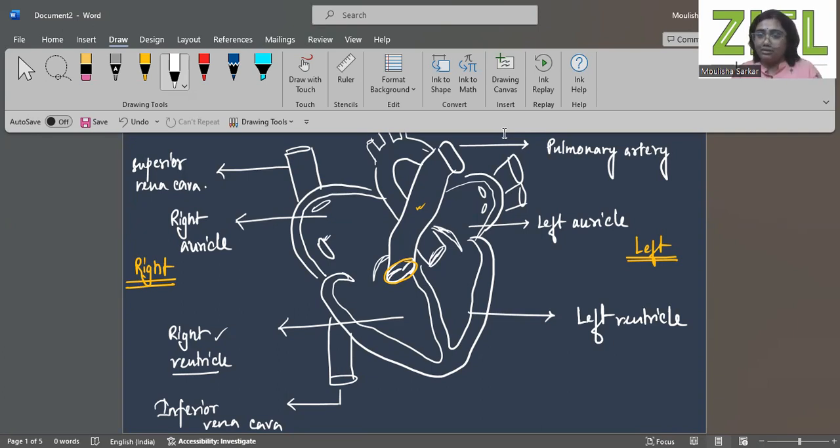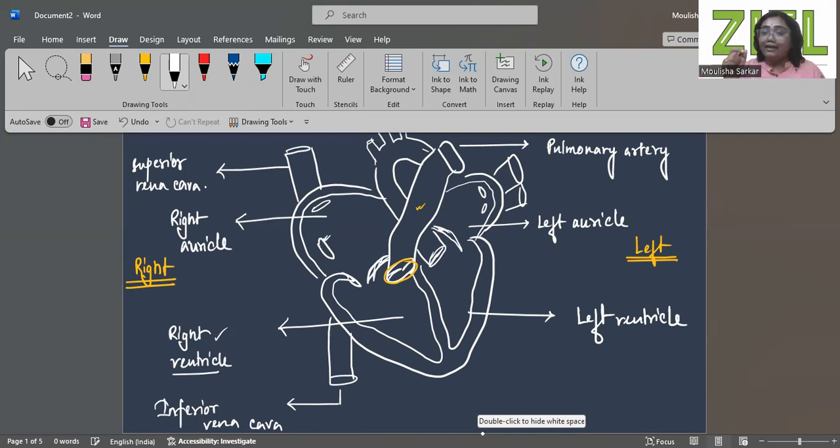going towards the lungs. Now we know that in between all the chambers of the heart, there are valves present. And what are valves? Valves are like doors that can open in only one direction. If my two hands are two valves, then they can open in this direction only and they will never open in this direction.